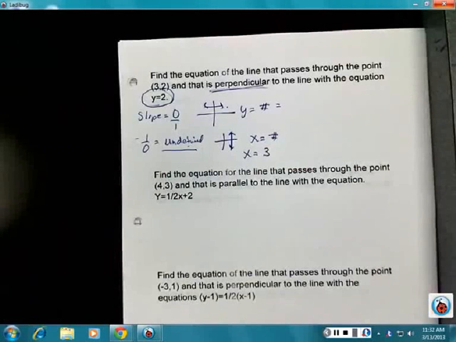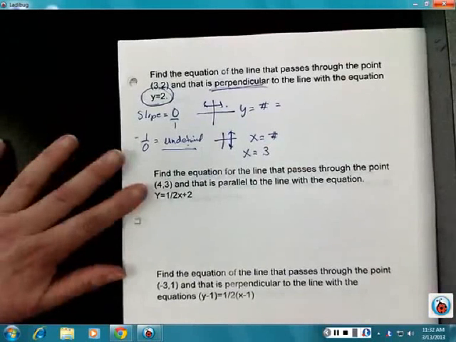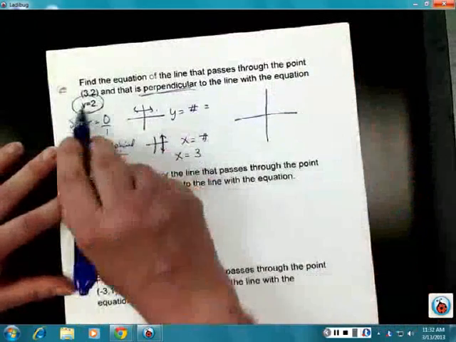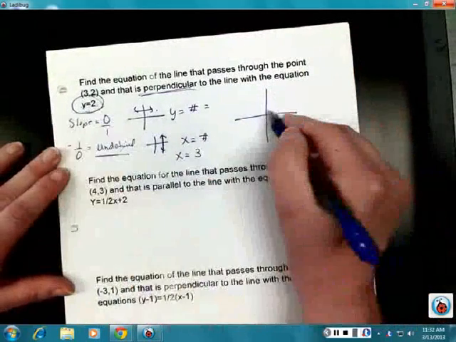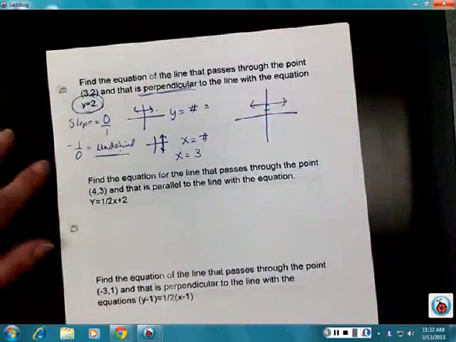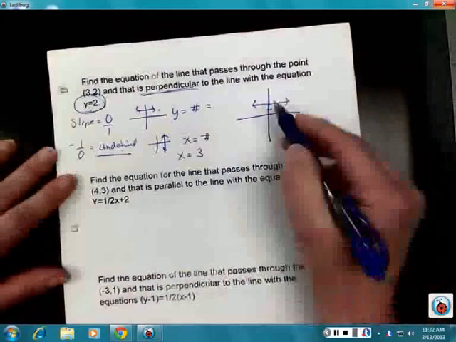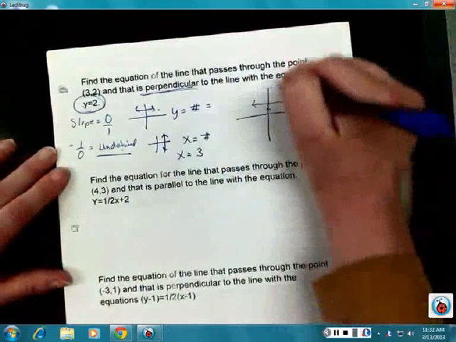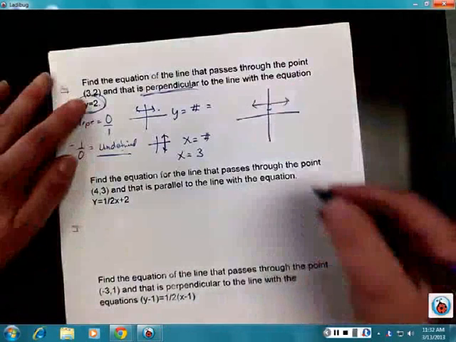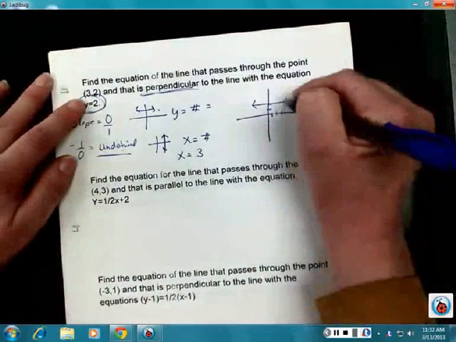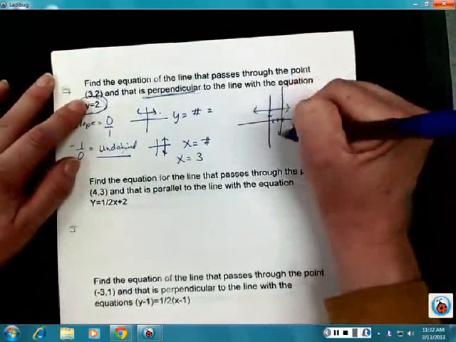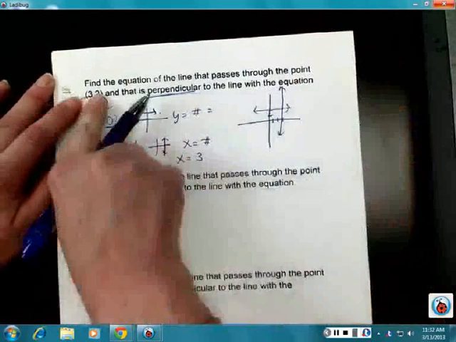How would you graph that? This one's pretty simple because this is at 2. So it's a flat line at 2. If I want a perpendicular, it's going to have to run this way, so you just put it at 3. Because the point they want it to run through is (3, 2).